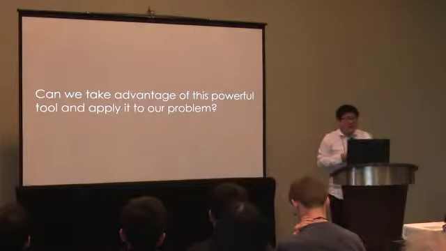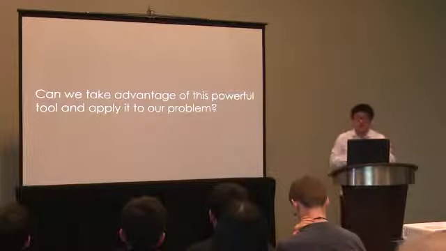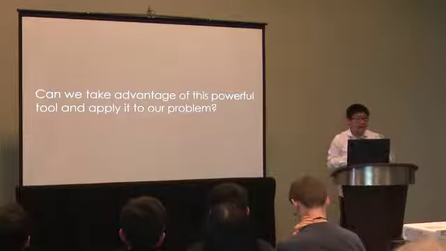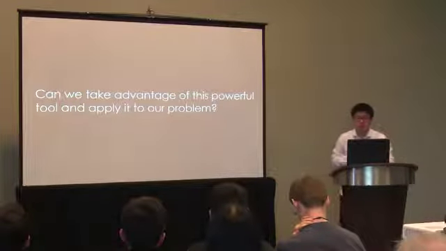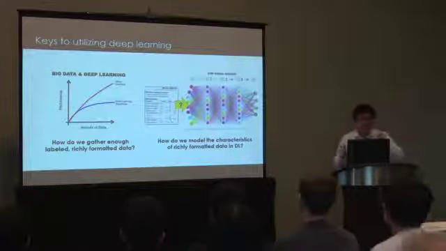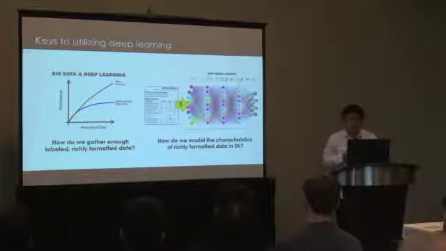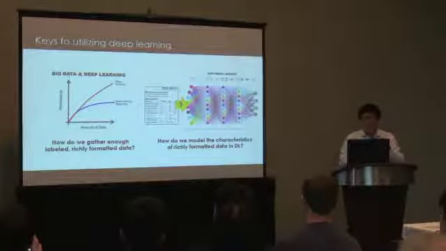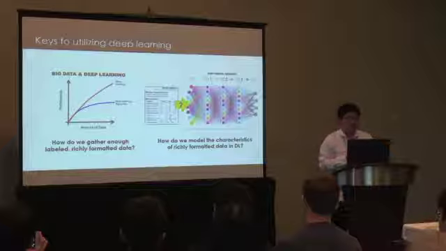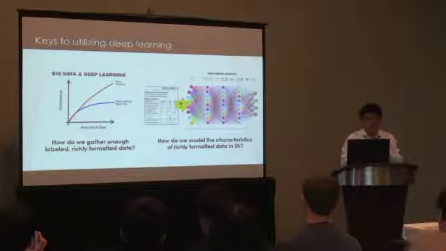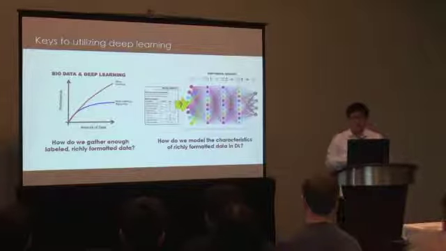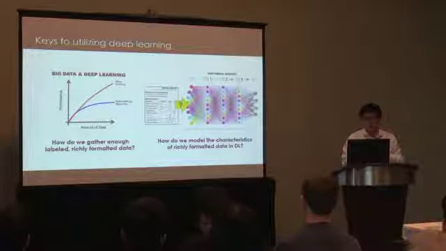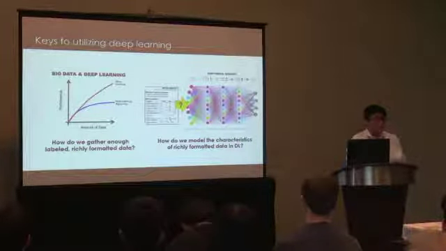So our question is, can we take advantage of this powerful tool and apply it to our problem? Of course, we'd love to use deep learning, but it comes with a catch. We need a large amount of training data, and traditional deep learning models are not optimized to handle multimodal signals.